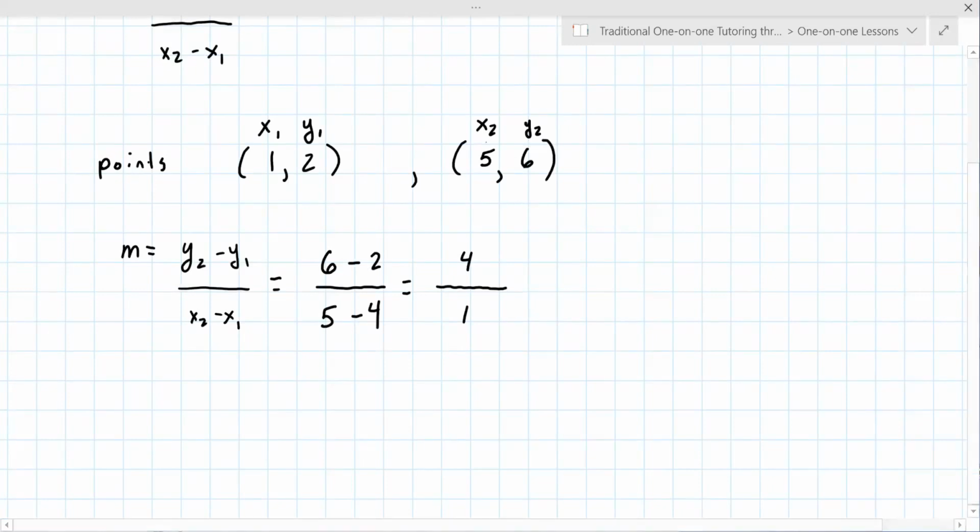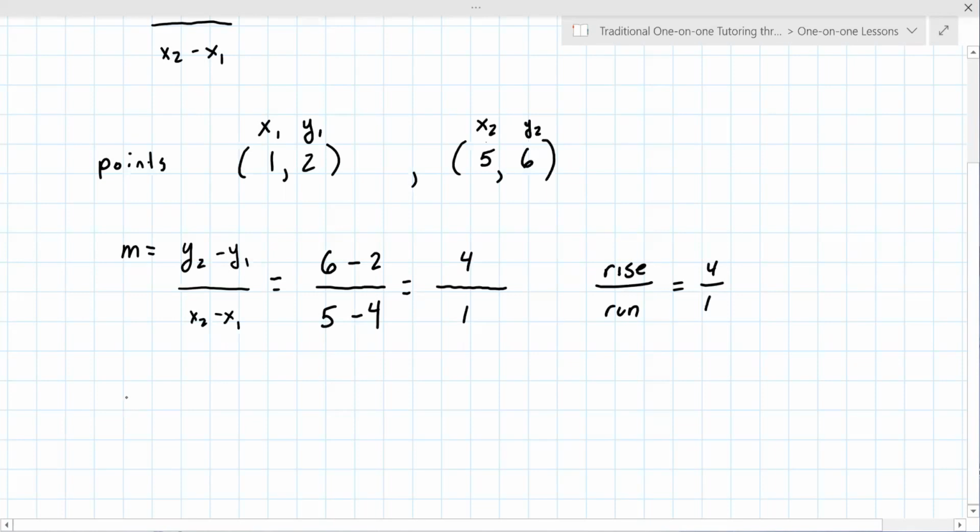Great question. The answer is it depends, and I hate saying that because I know you want something solid. If I'm asking you what is the rise over the run, you would want to say 4 over 1.